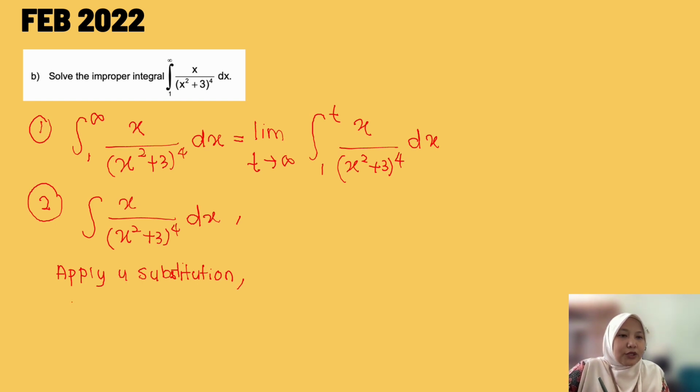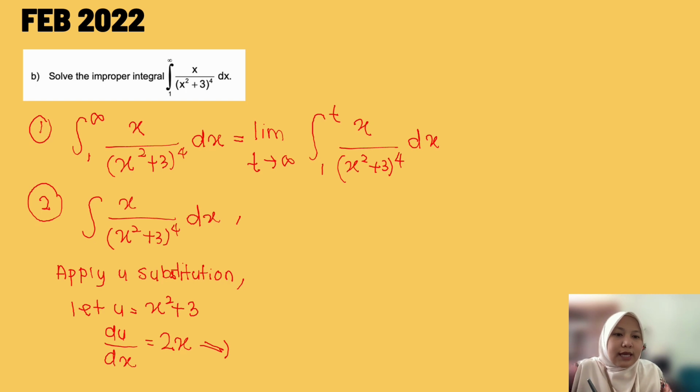So we let u equal x squared plus 3, and then we differentiate: du over dx equals 2x. Then we make dx the subject, because later we will substitute back into the integral. So dx equals du over 2x.